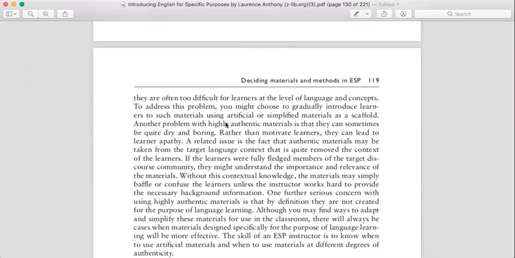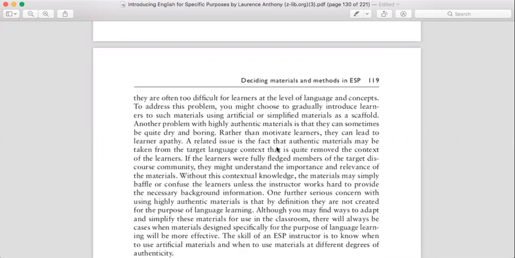To address this problem, you might choose to gradually introduce learners to such material using artificial or simplified material as a scaffold. Okay, start with the authentic material, but the simple one. Another problem with highly authentic material is that they can sometimes be boring. Okay, so they might not motivate the students.